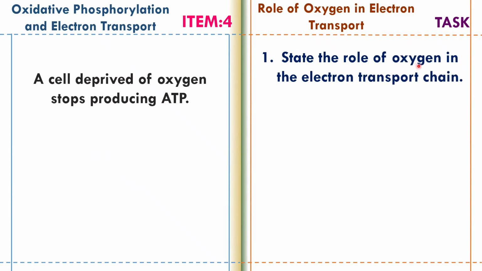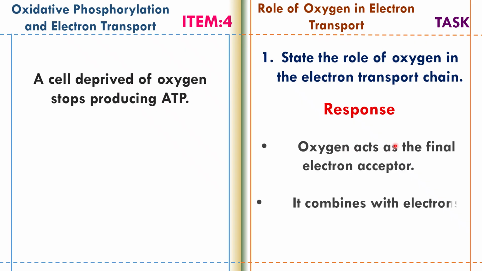State the role of oxygen in the electron transport chain. Oxygen acts as a final electron acceptor. It combines with electrons and protons to form water.